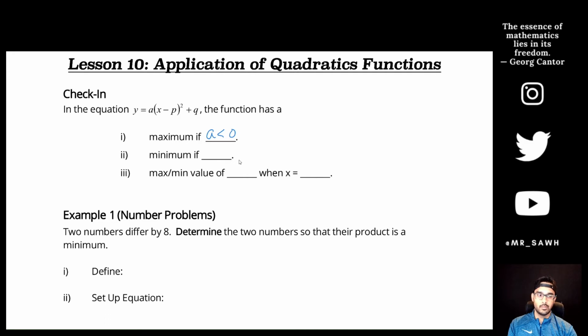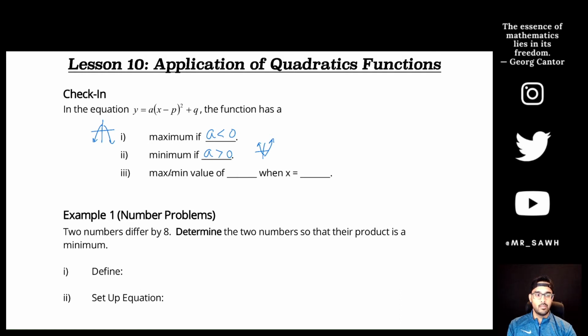Now if it's a minimum, the opposite is true, and this will open upwards. So a needs to be positive for that to happen. And you can think about just drawing yourself two pictures, right? If a is negative, it opens downwards, but if a is positive, well, then it opens upwards. Just a little picture like that. So I've got a minimum if it's positive, a maximum if it's negative.